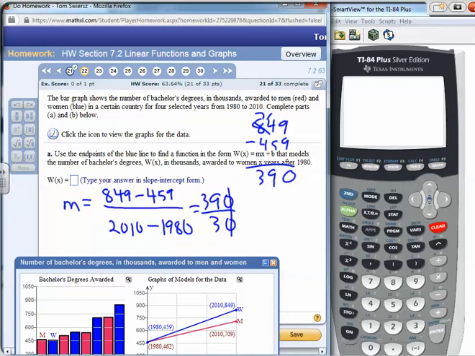The zeros cancel. 39 divided by 3 is actually 13. So the math comes out real easy. So the slope is just going to be 13, right?